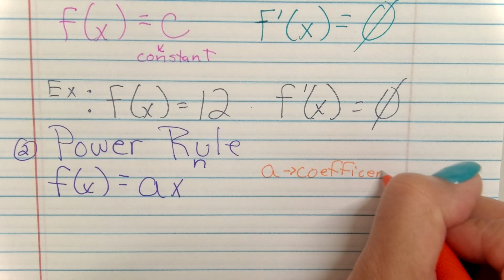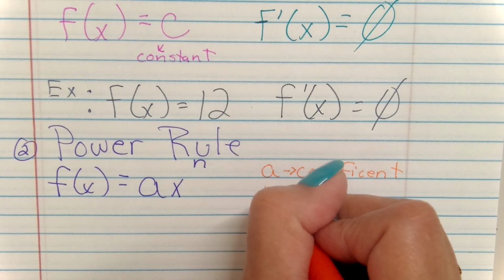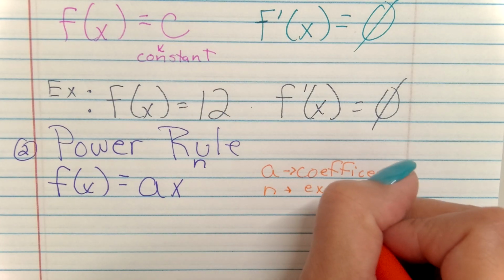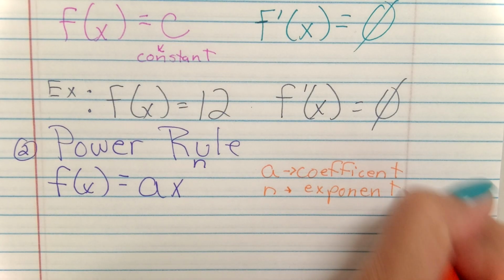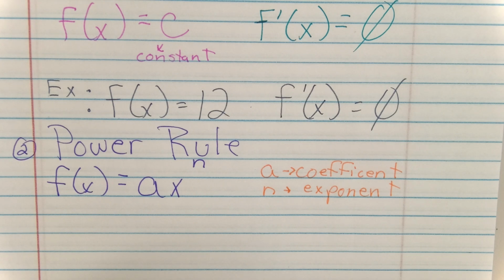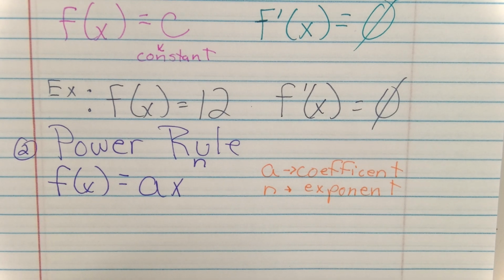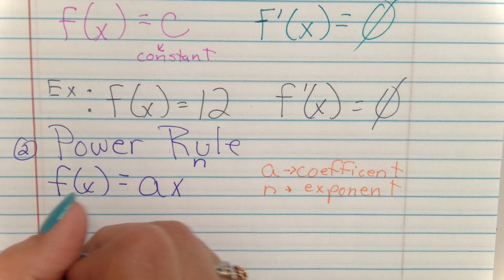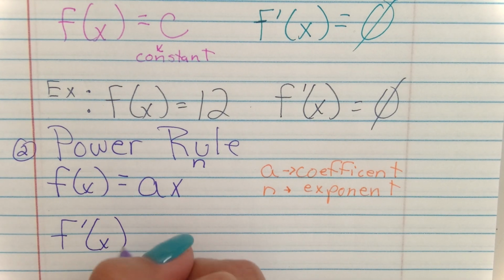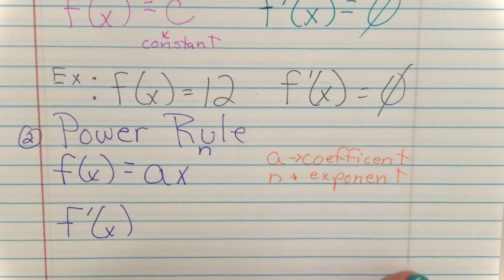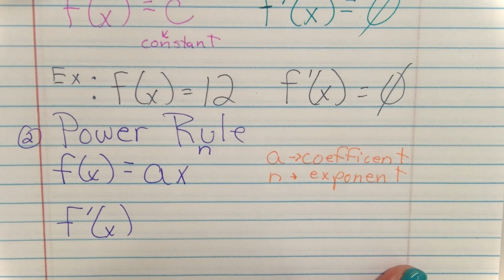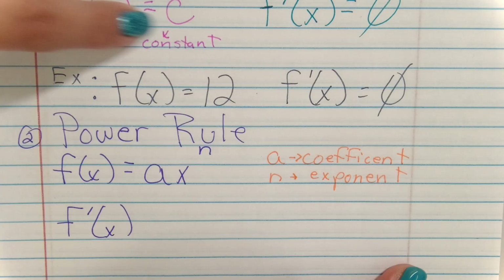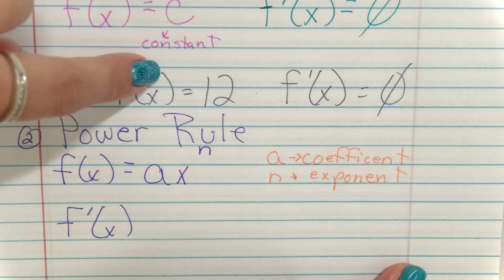n is an exponent. Then the derivative is as follows. F prime of x.